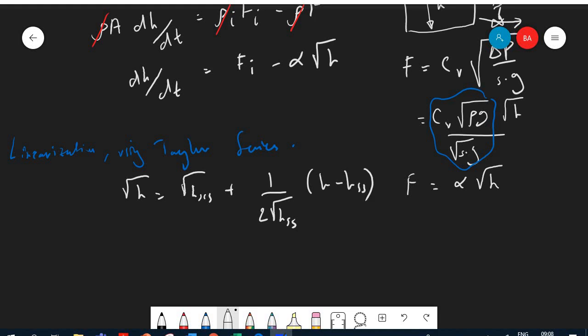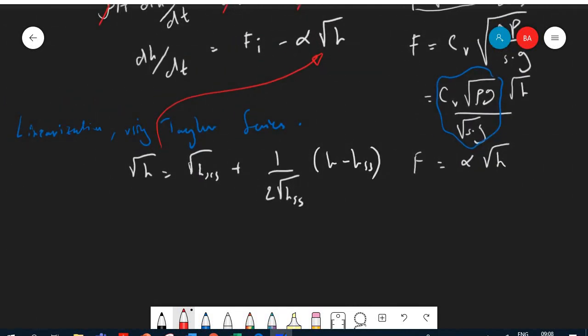So this is what I have, and what I'm going to do here is substitute square root of h with that term. Substituting that term will provide me with the equation dh by dt is equal to Fn minus alpha square root of h. I think I forgot the A. I always forget the A here. The A here, minus alpha into square root of h.